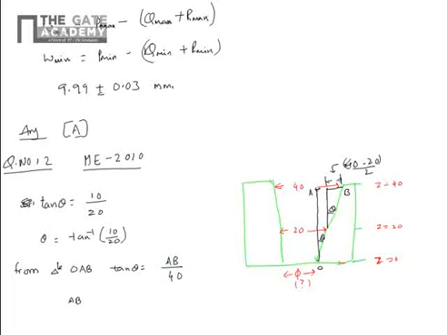So AB equal to 40 tan theta. Substitute theta equal to tan inverse 10 by 20, so tan will cancel. So 1 by 2, AB equal to 20.